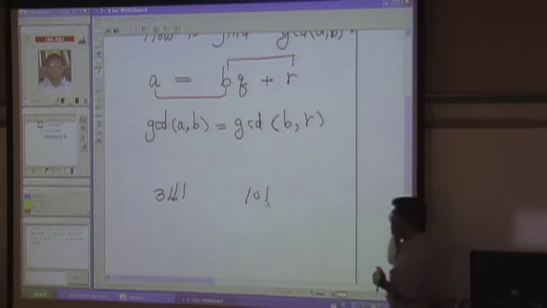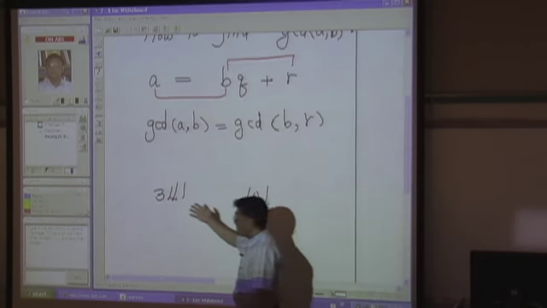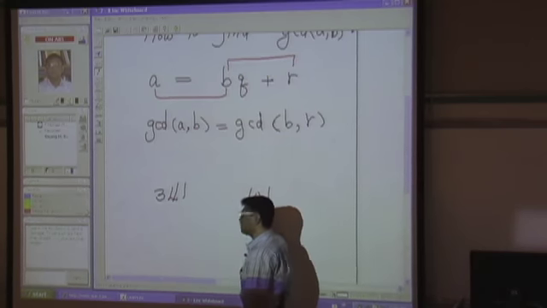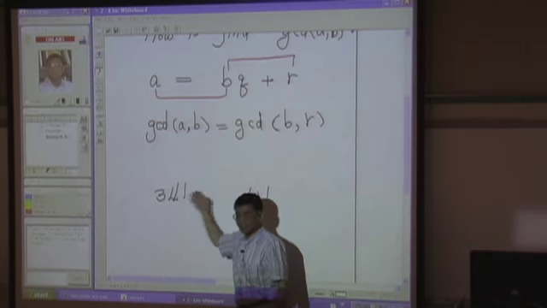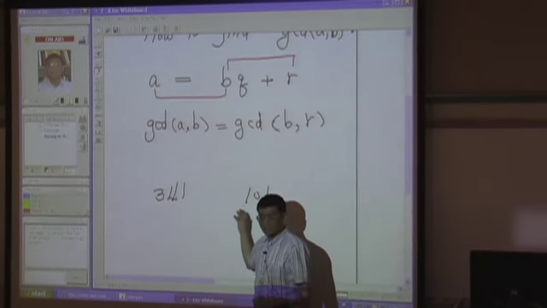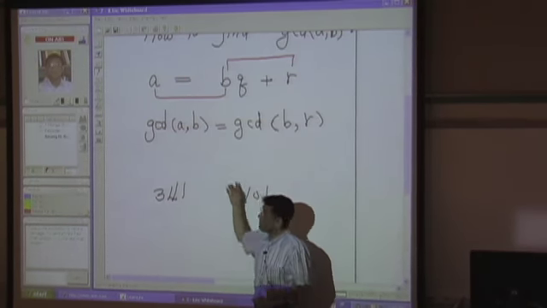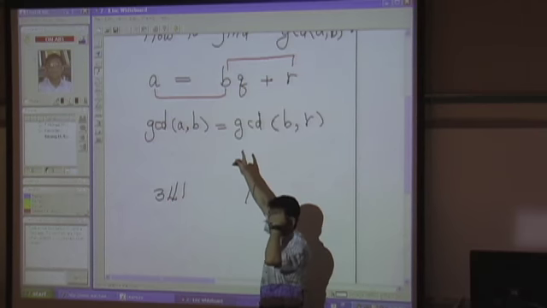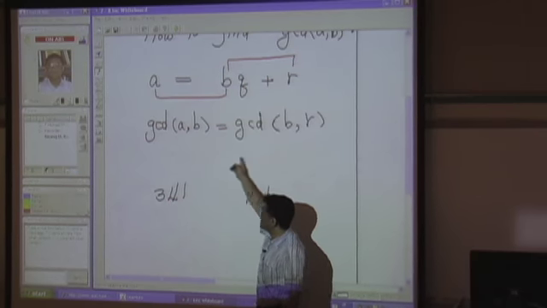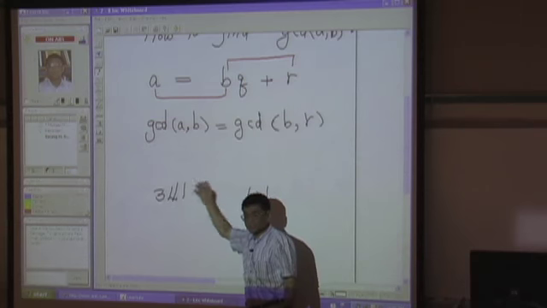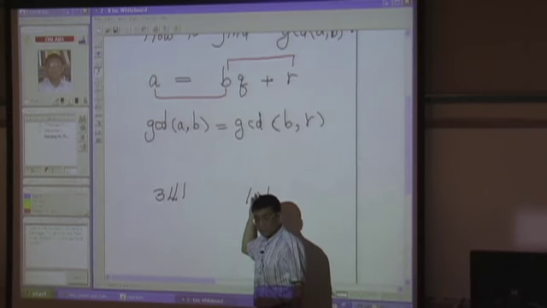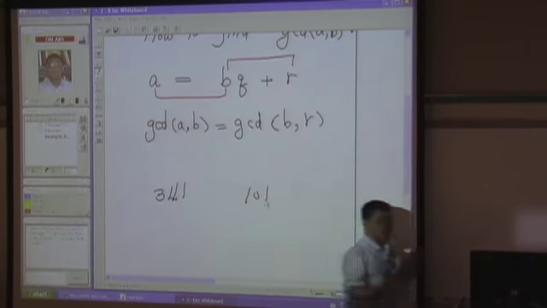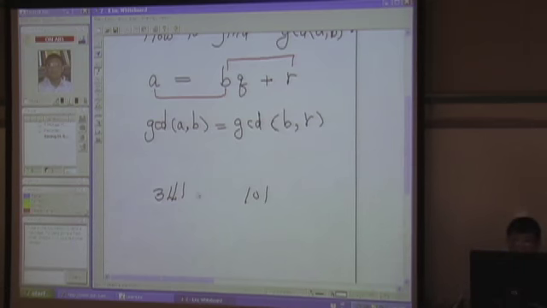Assume that you have these two numbers, then it's not easy to find all the factors of this and all the factors of this and then find the common divisor. It's not easy. But because of this theorem, instead of worrying about this big number and this divisor, we can worry about this number.